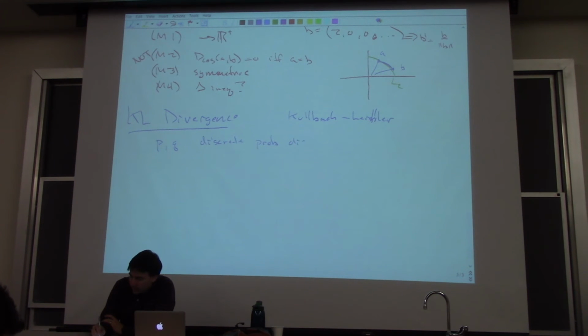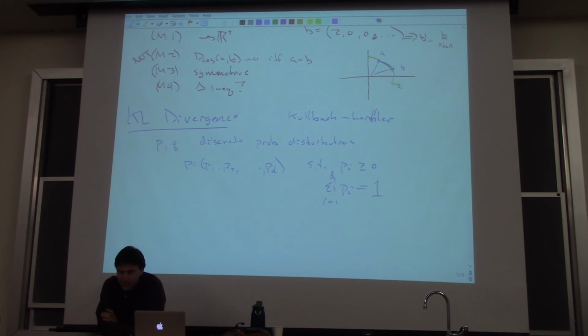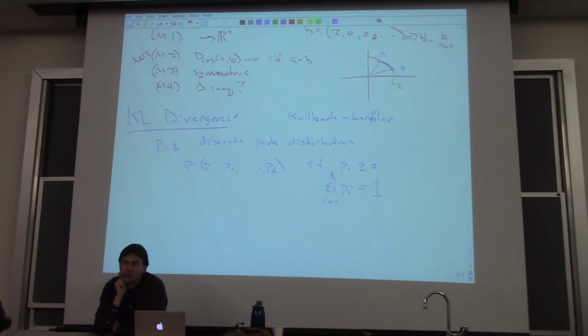So a probability distribution P is going to be a vector in R^D such that P_i is greater than or equal to 0, and the sum over i equals 1 to D of P_i is equal to 1. Think of it like the bag of words after I normalize by the L1 norm, then it says the probability of a certain word if there are D possible words.